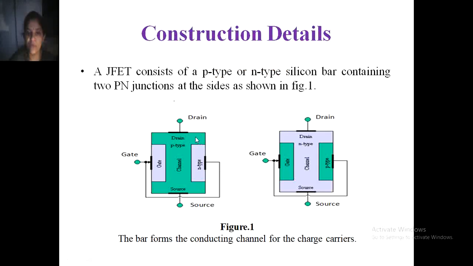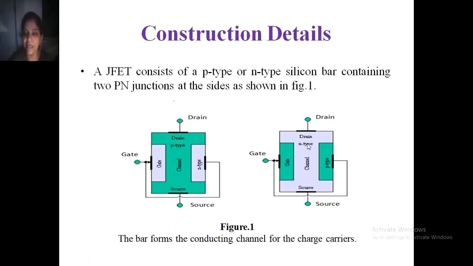Once again we are going to focus on the construction details, because the very important part is in the construction, that is, which type of base substrate is taken. According to that, is the type of the JFET. If it is a P channel, then the current flowing through the device is through that channel, and the substrate is of P type, so that is nothing but the P channel.